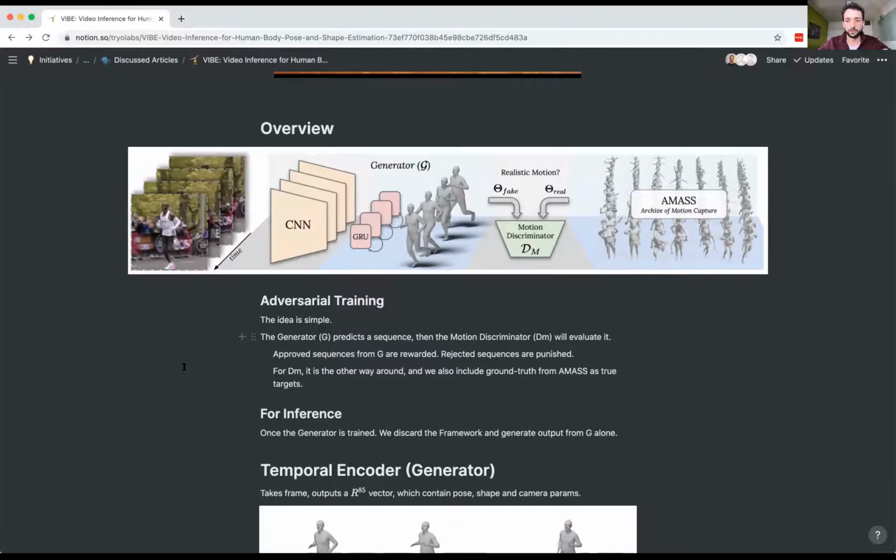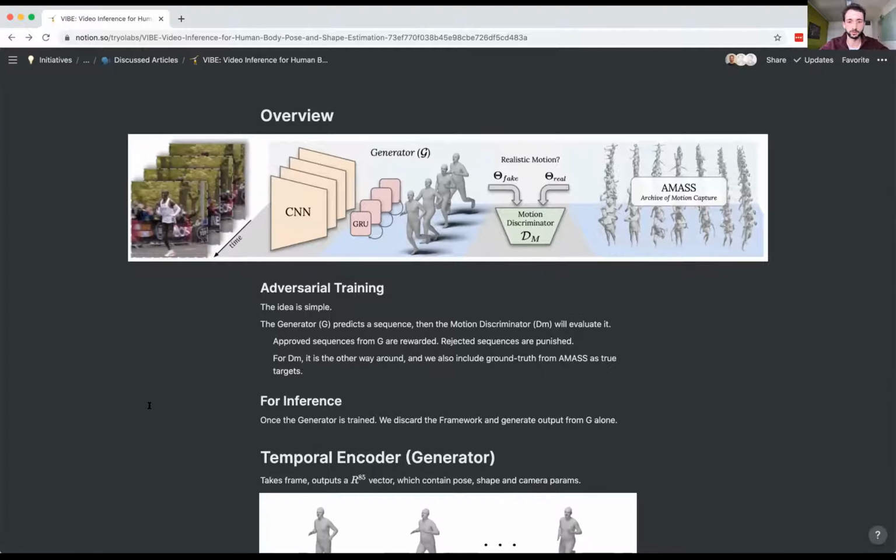What that means is, for example, that we'll be training the generator and the motion discriminator together. So step by step. Imagine that if we had a very good motion discriminator from the beginning, the generator would never be able to tell if its poses are good or bad, because the motion discriminator would always detect them as fake.